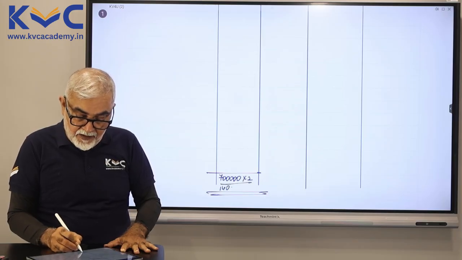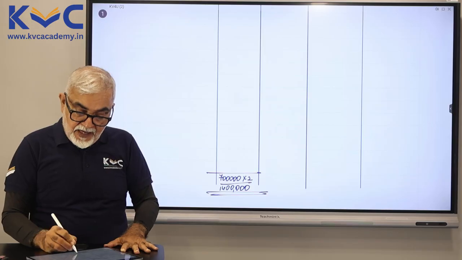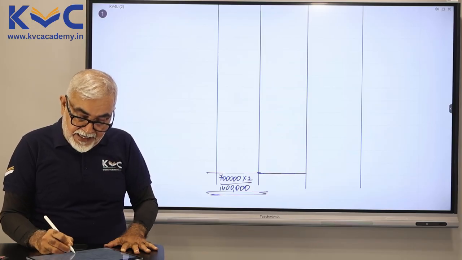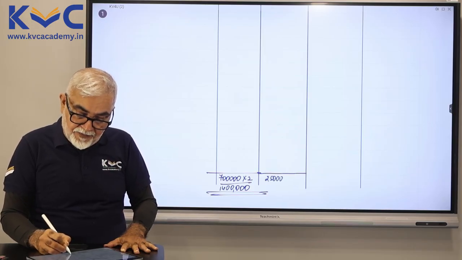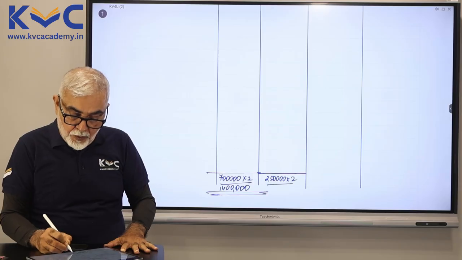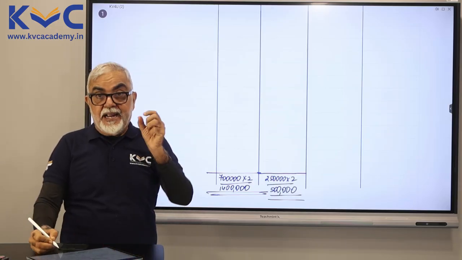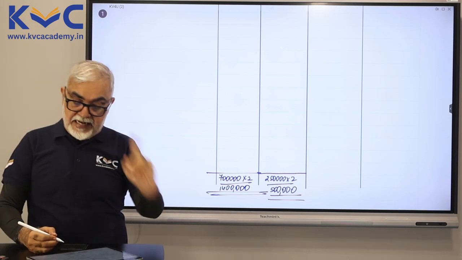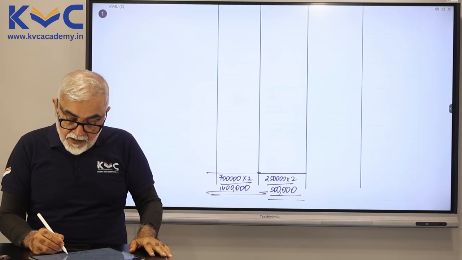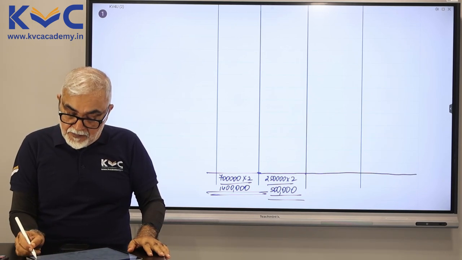Application money is 14 lakh. And I can issue only 2 lakh 50 into 2, 5 lakh. Therefore, the excess application money is 9 lakh. Okay? Take it slowly, you'll get it.